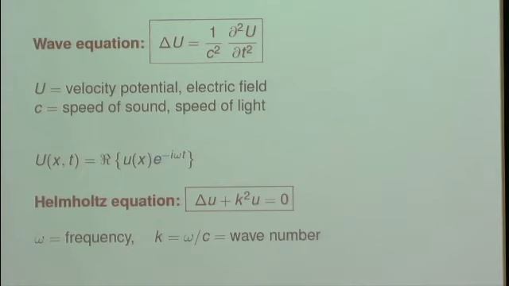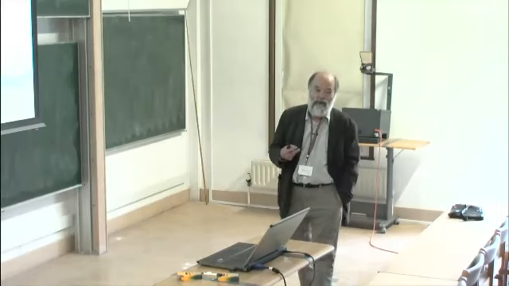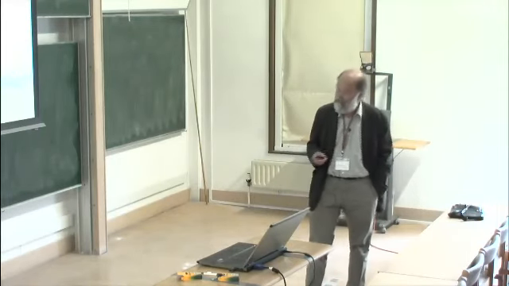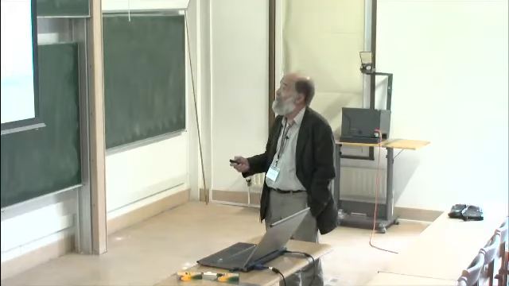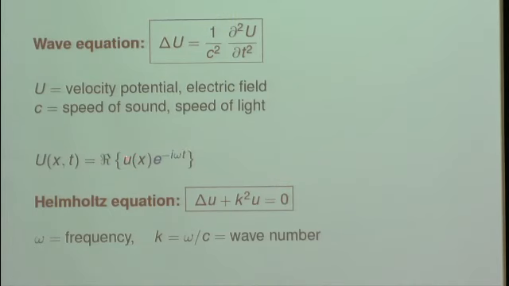And if you plug this into the wave equation, then you find immediately that the wave equation is equivalent to this reduced wave equation or Helmholtz equation, Laplacian u plus k squared u equals zero, which is now an equation only for the space-dependent part of the solution.